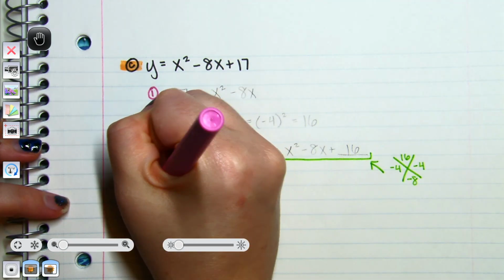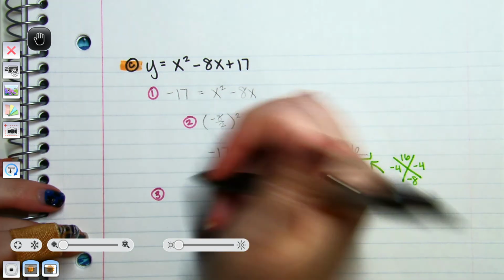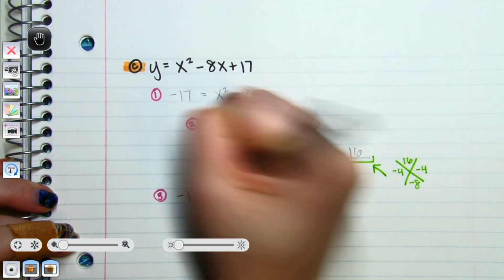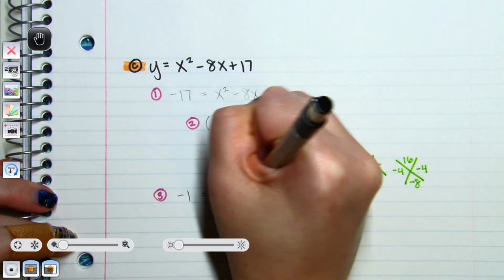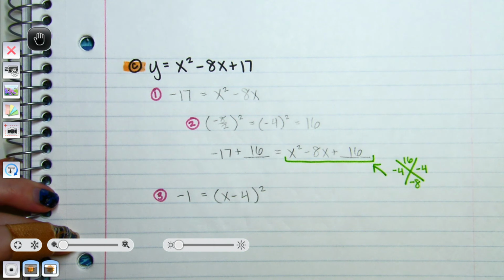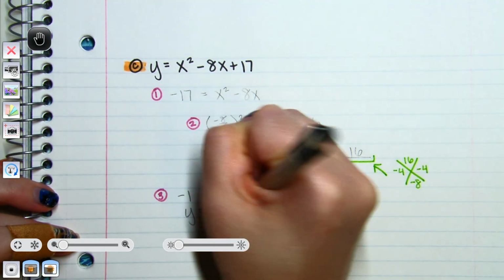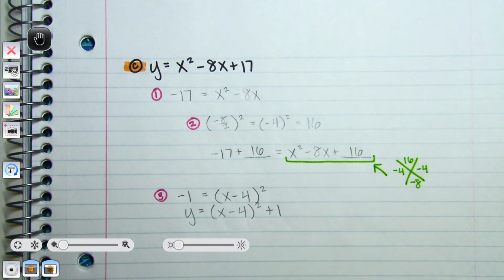And then step 3 is to write it in factored form. So negative 17 plus 16 is negative 1 equals, this side becomes x minus 4 quantity squared. And then we add the 1 to both sides. So y equals x minus 4 quantity squared plus 1.